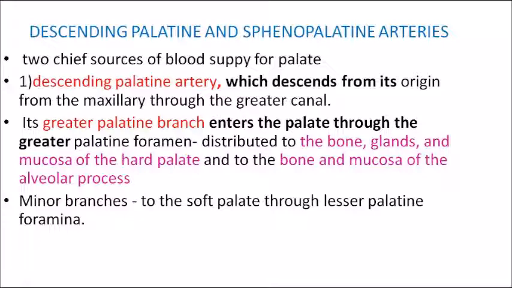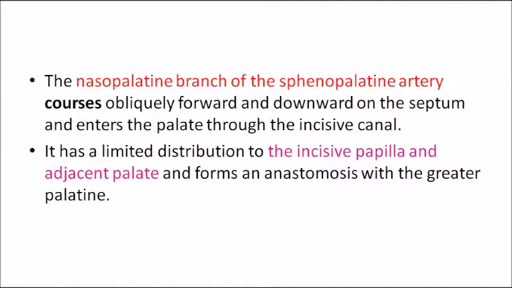Now let's see about the sphenopalatine artery. We have seen the descending palatine artery. The sphenopalatine artery has a nasopalatine branch which enters the palate through the incisive canal, and it supplies the incisive papilla and the adjacent palate, and also has an anastomosis with the greater palatine artery.